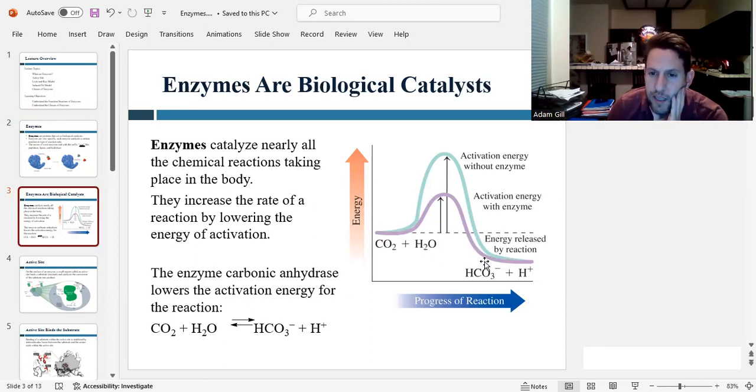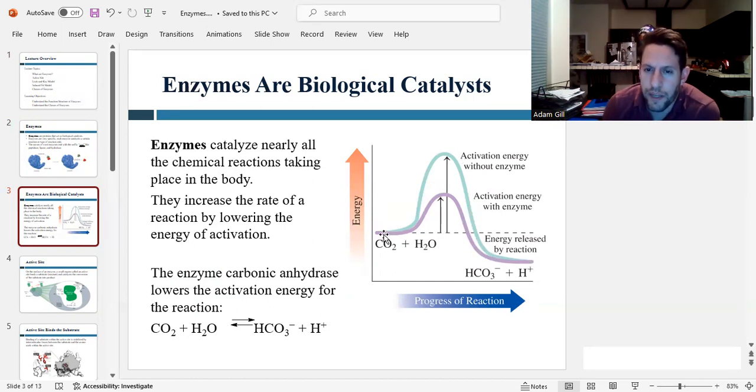But in order to get there, you have to overcome some barrier, right? You could think of this like gasoline catching fire. Once it's on fire, it's a spontaneous process, but gasoline doesn't just catch on fire for no reason. You have to give it an initial spark to get it going. Same thing with other chemical reactions. You have to put in a little bit of energy before it's spontaneous.